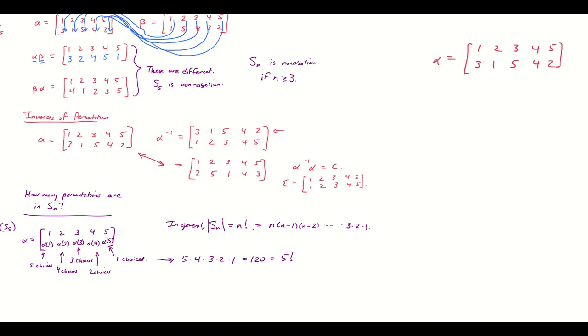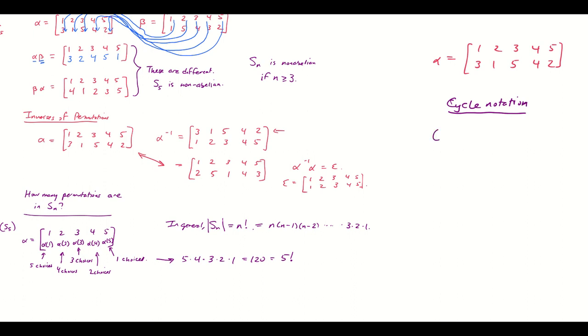I'm going to try and write down a more compact notation that tells me what this permutation does, that doesn't require me writing down 10 different numbers, the 5 inputs and the 5 outputs. So this is called cycle notation. And it'll become apparent why I call it cycle notation in just a moment.